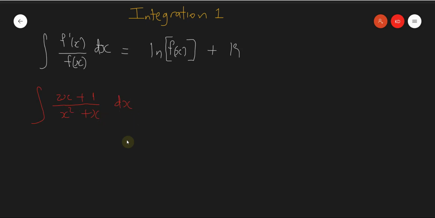And as we can see, if we differentiate the denominator, we would get 2x plus 1. And if we look at the numerator, it is 2x plus 1. So therefore, this is simply the natural log of x squared plus x, and we add our constant of integration.